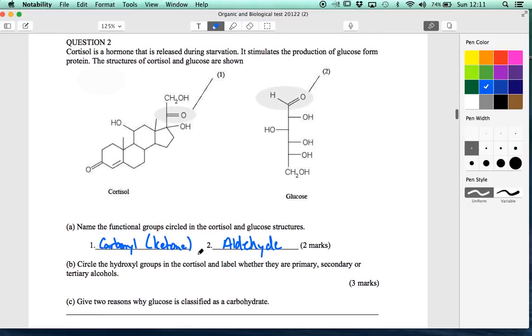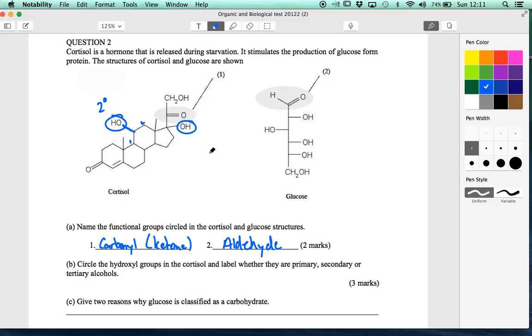It then says circle the hydroxy groups in cortisol and label whether they're primary, secondary, or tertiary. So here, this alcohol is attached to a carbon which is attached to 2 other carbons, so 1, 2. So this is a secondary alcohol.